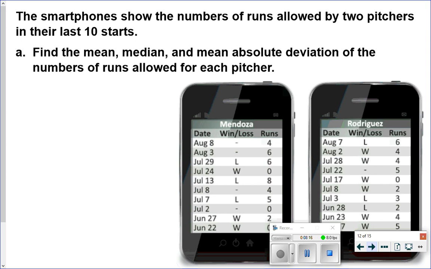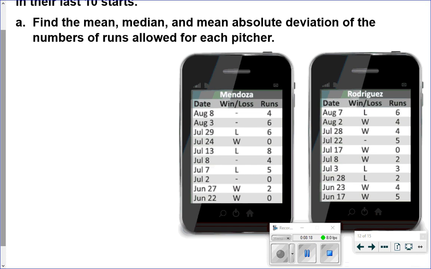I'm going to move this up a little bit so I can see the bottom numbers. Okay, so I'm going to start with Mendoza. I'm going to start by adding together all of his numbers.